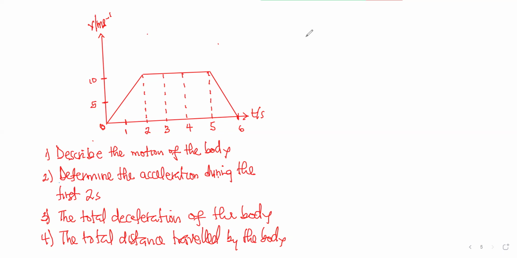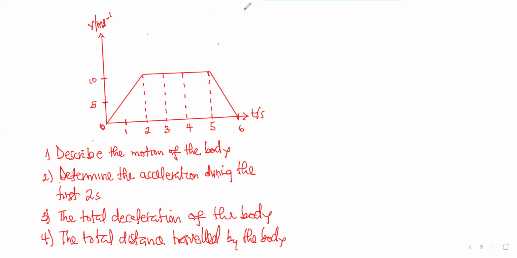And then the body moves with constant velocity at 5 meters per second square. And the body decelerates uniformly to rest. Okay, so that is Ken's opinion. Please, do you have any different opinion to share with us before I come in?